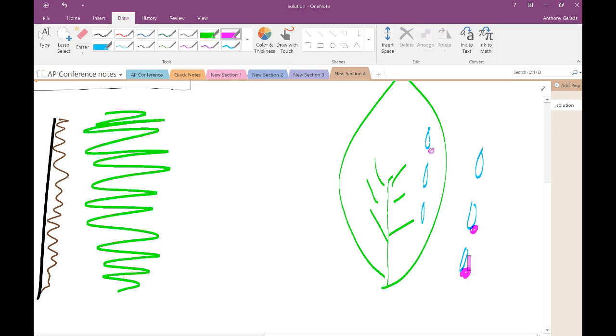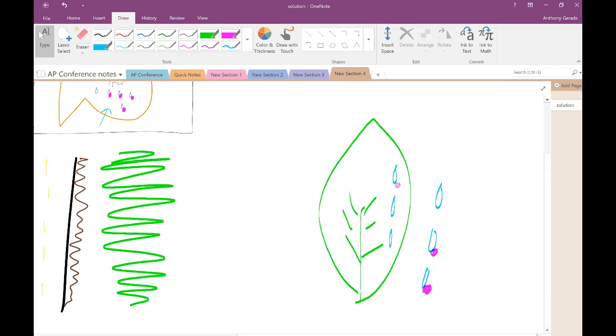So what word could you use to describe the outside of the leaf, the road? Hypo or hyper? Hypertonic. And the inside of the leaf is hypotonic, meaning all those plants right on the side of the road, we dehydrate them. You literally suck the water out of them.